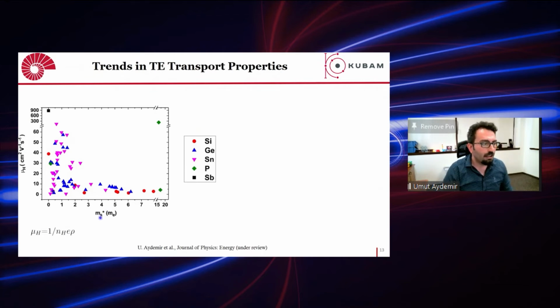So generally, the hole mobility is higher for thermoelectric materials, and for the clathrates, as you decrease the effective mass, you can see that the hole mobility basically increases. And generally, the high hole mobility is seen mostly for the tin and the germanium-based clathrates.